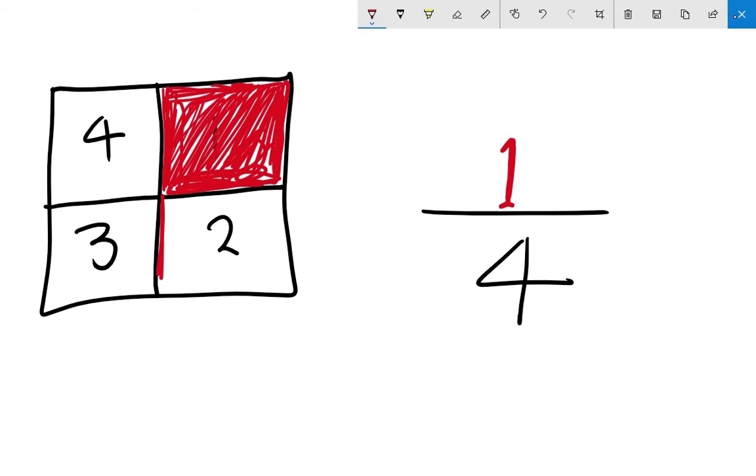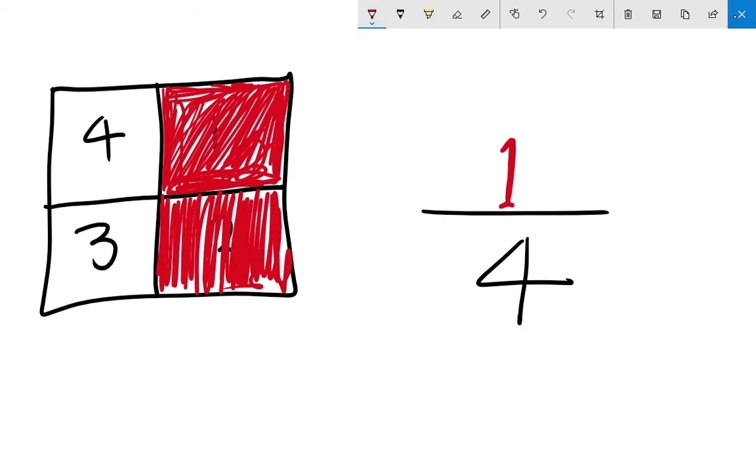Now if we shade 2 parts, the fraction becomes 2 over 4, because there are 2 parts shaded out of the total number of 4 boxes. Now let's try something different. What if there are 3 parts shaded?